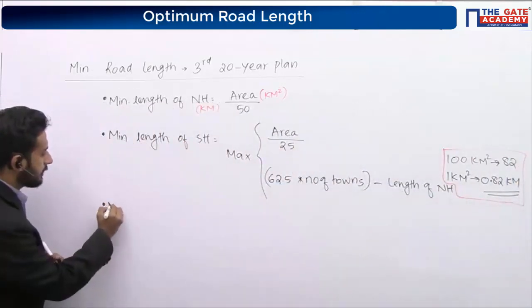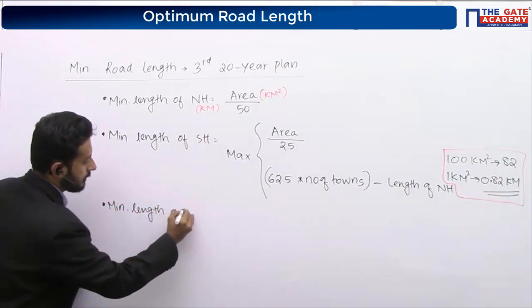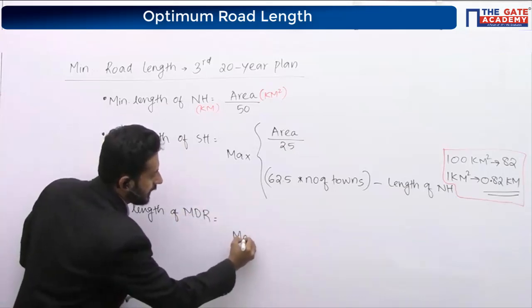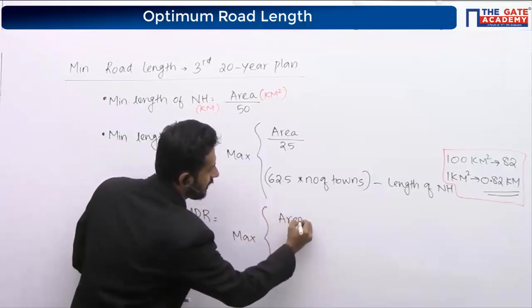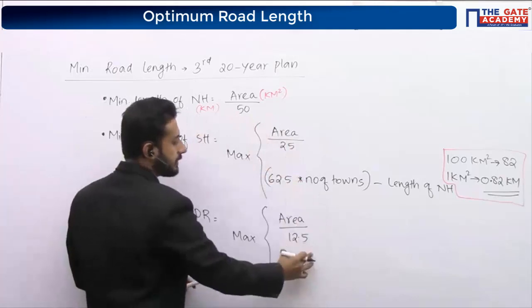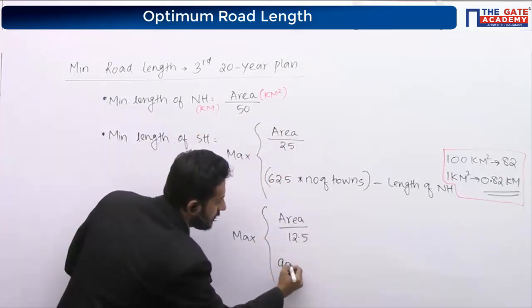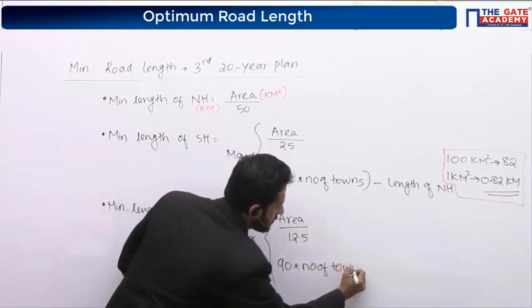Then the minimum length of major district road. Minimum length of major district road. That also has two equations. Whichever equation gives the maximum value. See, 50, 25, then 12.5. Easy to remember. Then the next equation, 90 into number of towns.